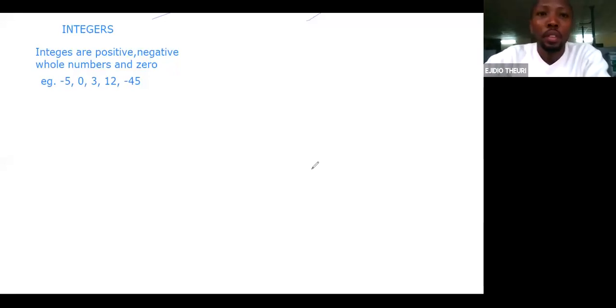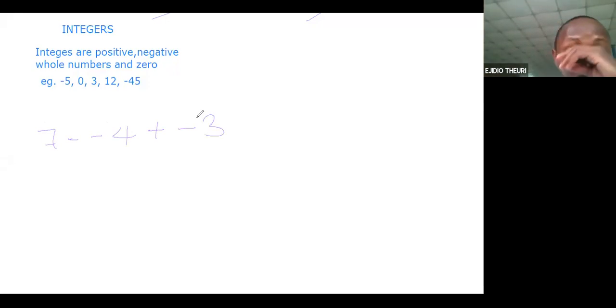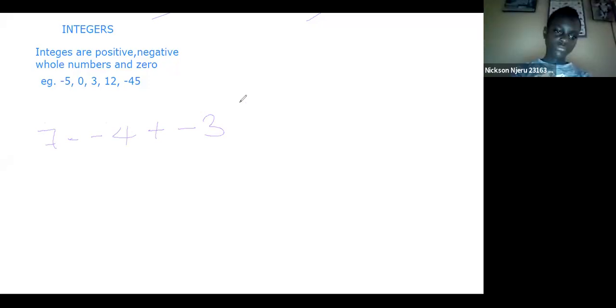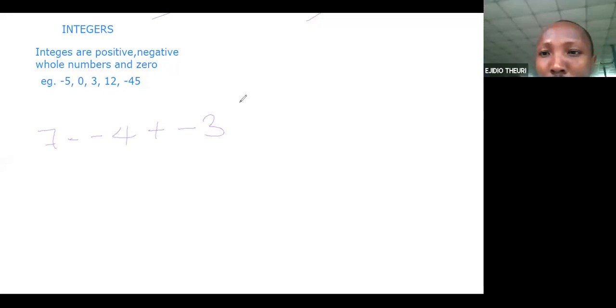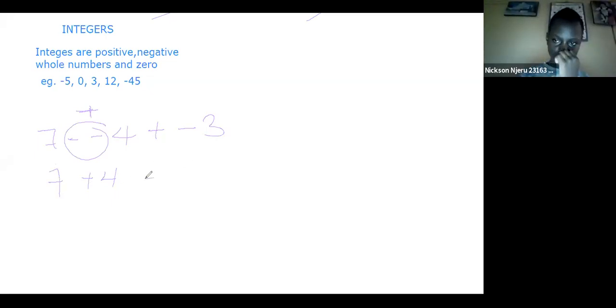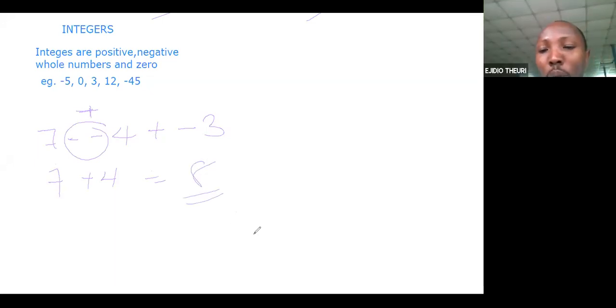I can even give another one. I can change the question. I can have 7 minus 4 plus minus 3. What's the answer? So this one will change to plus. So we'll have 7 plus 4, 11. To get 11 minus 3, 8. So the answer will be 8, right? Yes. So these are the kind of questions I expect you to understand. But this was just the introduction.